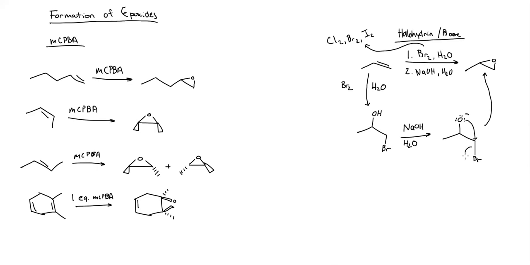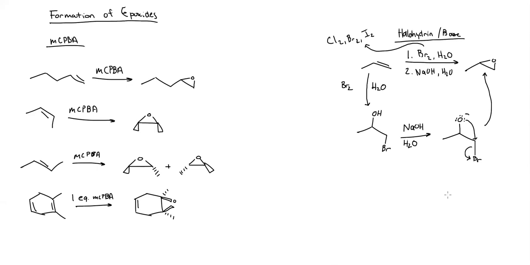And we saw this with the formation of oxetanes, oxiranes, all that kind of stuff from Williamson ether synthesis problems. So in this case, instead of forming an oxetane, we're forming an oxirane. An oxirane is an epoxide.